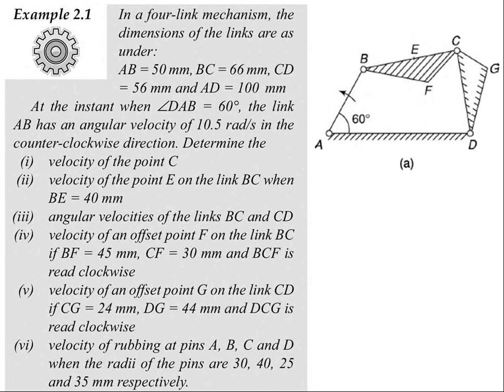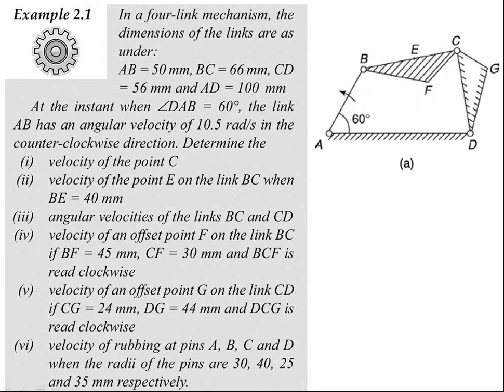Those who have not understood, I will explain, and those who understood, you can start solving. Okay, so you know that for the link AB the angle is 60 degrees, and the angular velocity of the link AB is given as 10.5 radians per second in the counterclockwise direction.